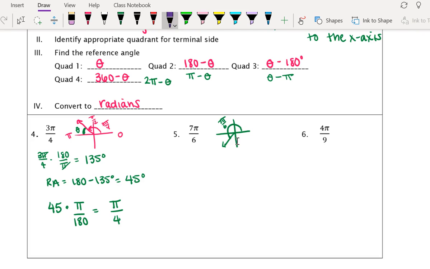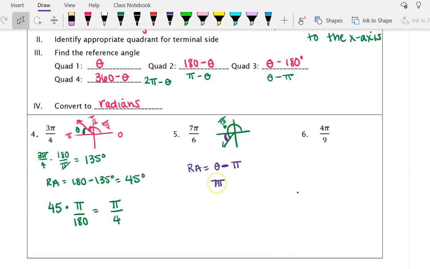So the reference angle is going to the x-axis. In quadrant 3, the reference angle is equal to whatever theta is, the angle, minus pi.